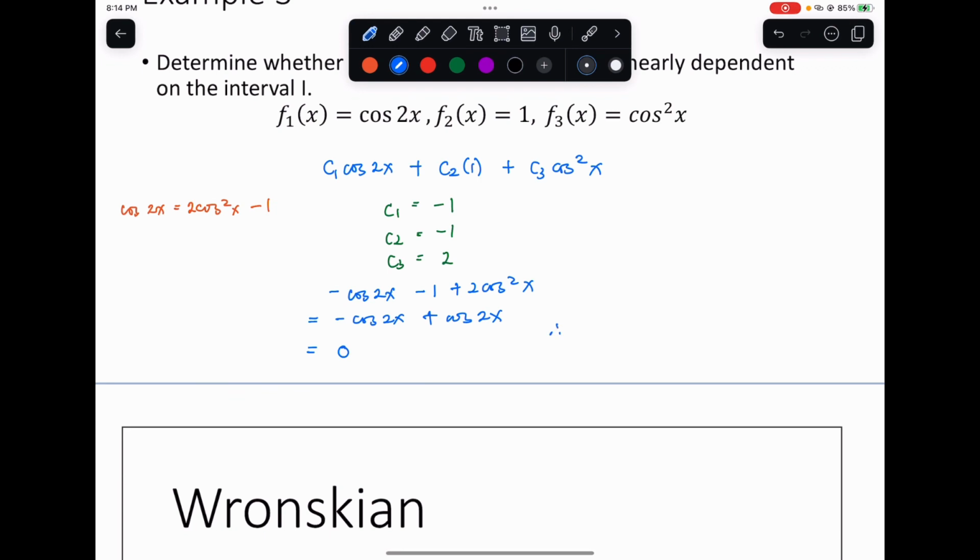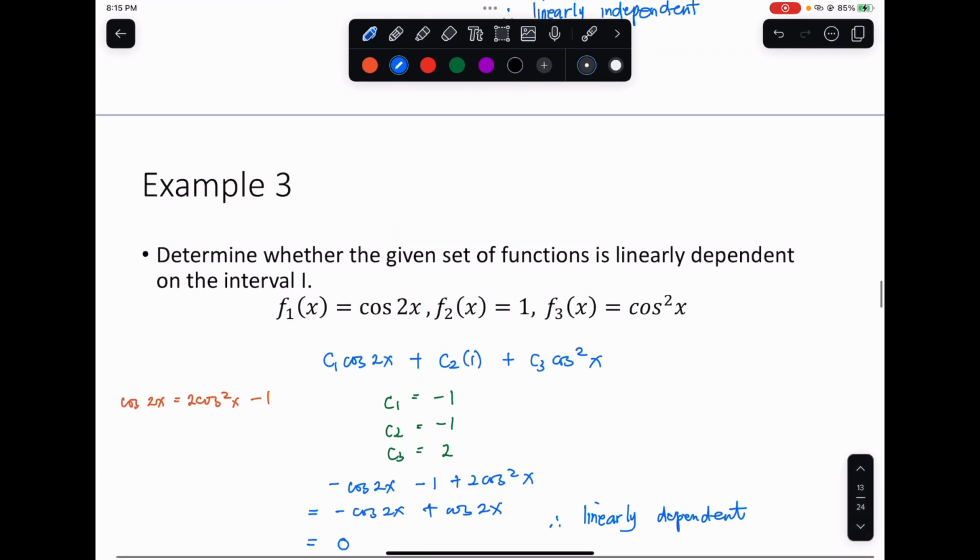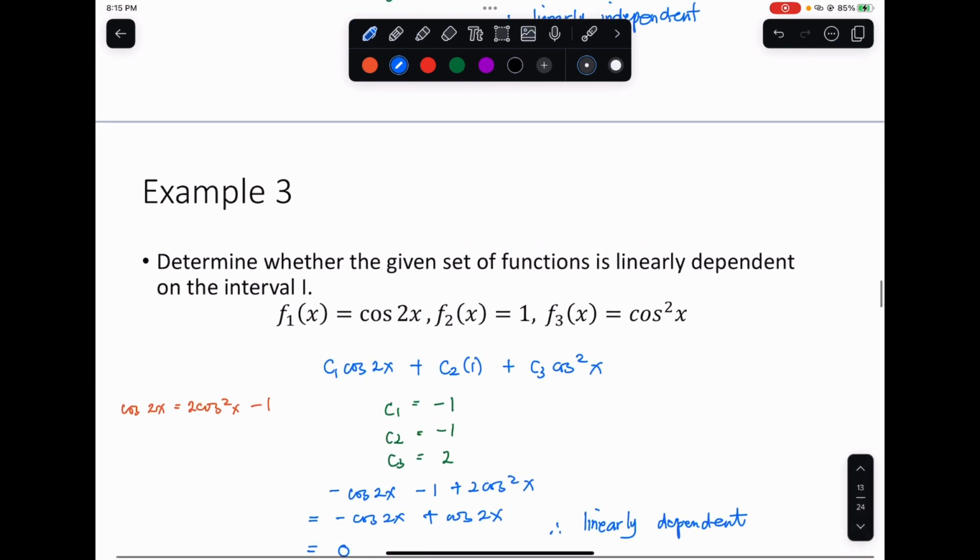Therefore that makes it linearly dependent. So those three functions are linearly dependent with each other. Thus, those could not be a solution of a higher order differential equation.